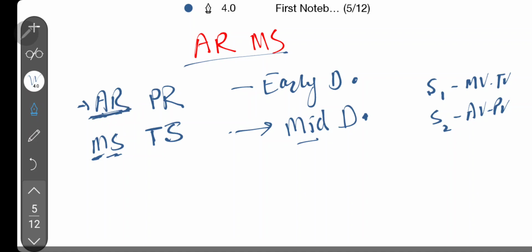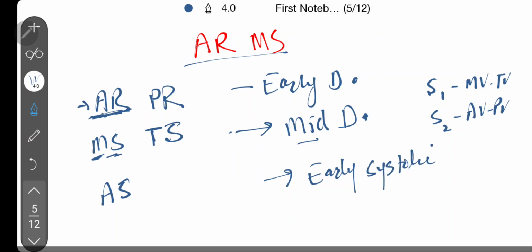Aortic regurgitation. Let's write aortic stenosis. We know that aortic stenosis produces an early systolic or ejection systolic murmur, actually. Okay, ejection systolic murmur. What's the other valve that's involved in producing the second heart sound? That's pulmonic.